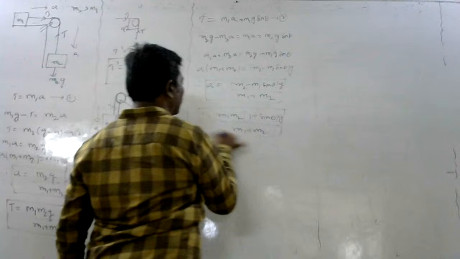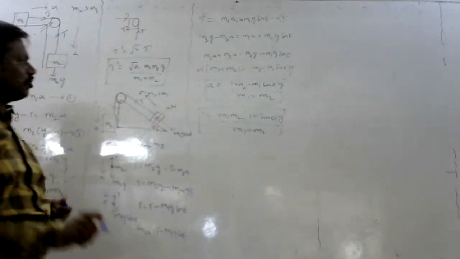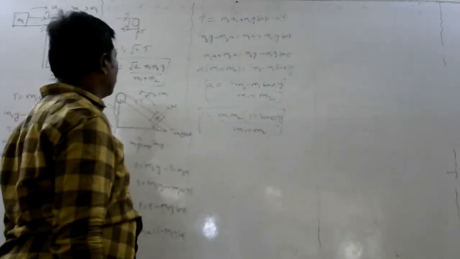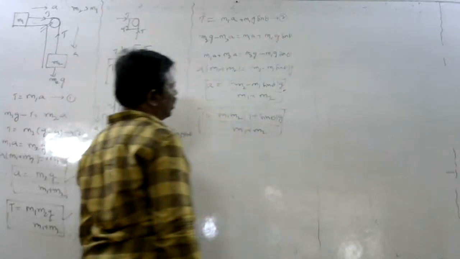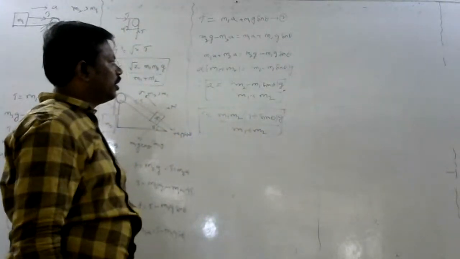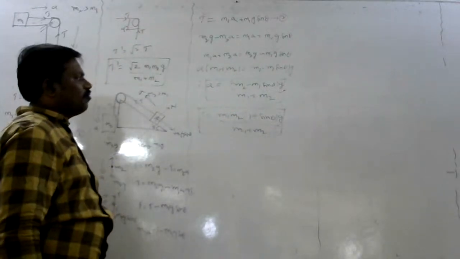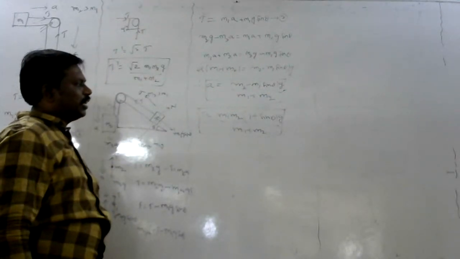On solving, tension T is equal to m1 m2 g into 1 plus sin theta by m1 plus m2. So acceleration a is equal to m2 minus m1 sin theta into g by m1 plus m2, and tension in the string T is equal to m1 m2 into 1 plus sin theta into g by m1 plus m2.